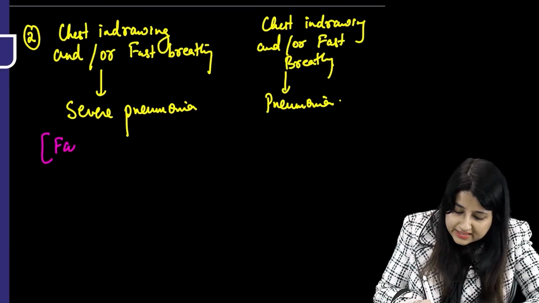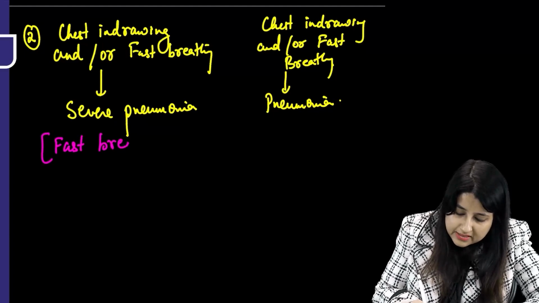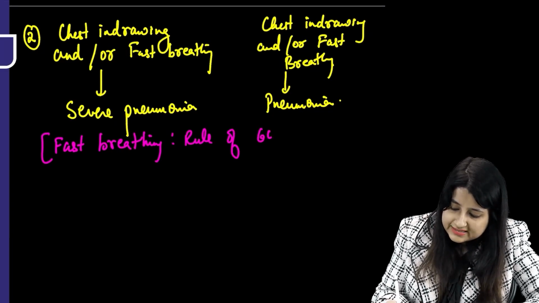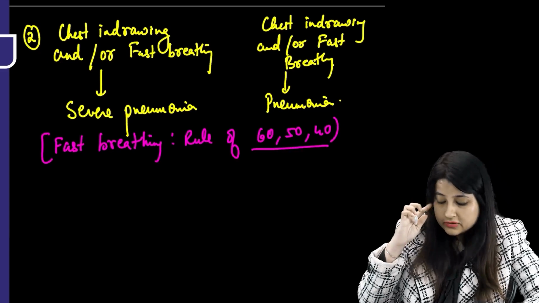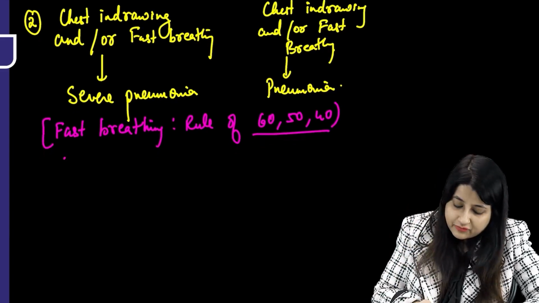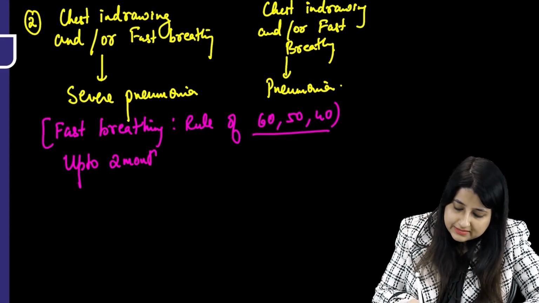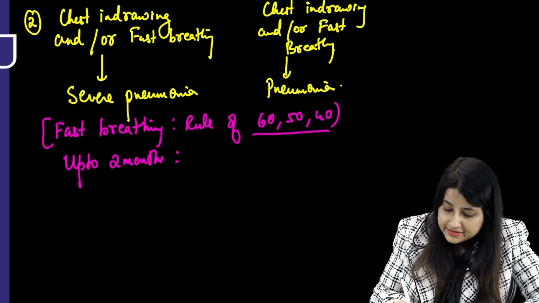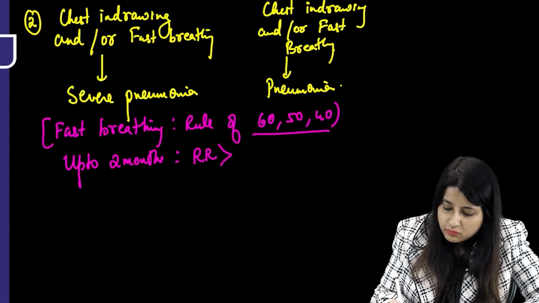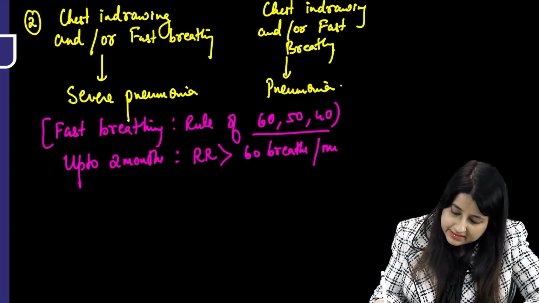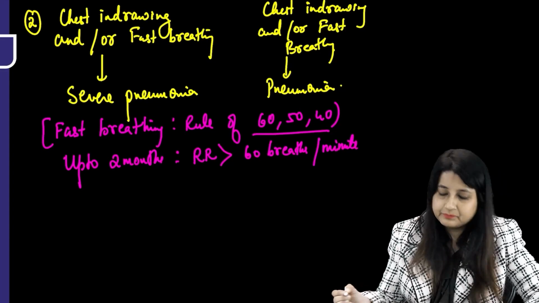What is fast breathing? Please remember, fast breathing follows a rule: the rule of 60, 50, 40. If the baby is up to 2 months, then a respiratory rate of more than 60 breaths per minute is fast breathing.